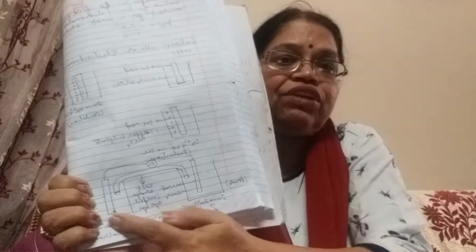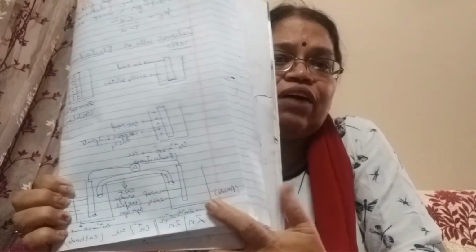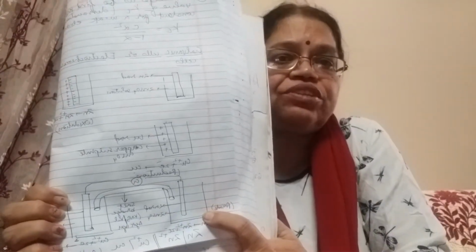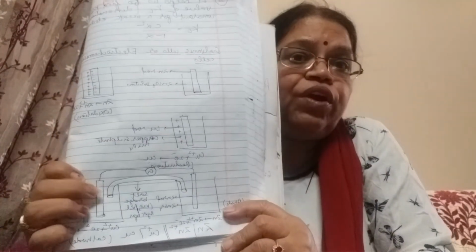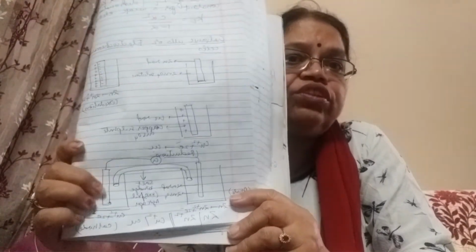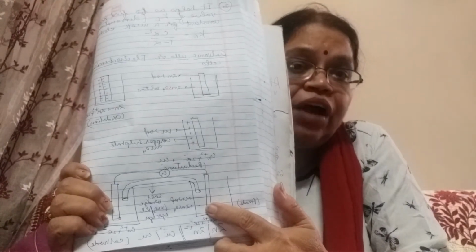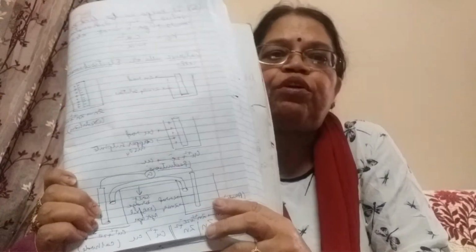So this half of the cell where oxidation takes place is called anode. This half of the cell where reduction takes place is called cathode. Here anode is negatively charged because electrons get accumulated on the zinc strip. Cathode here is positively charged. Now the current will keep on flowing.